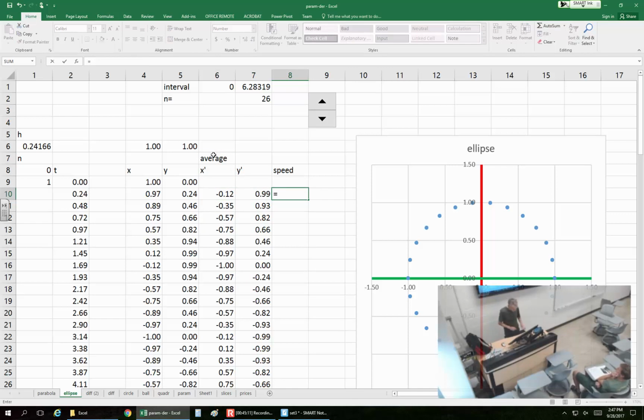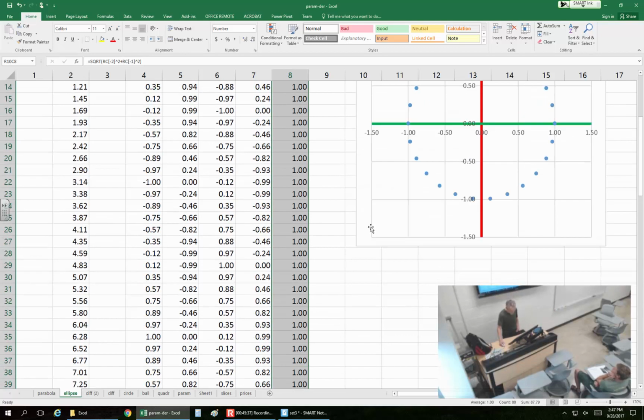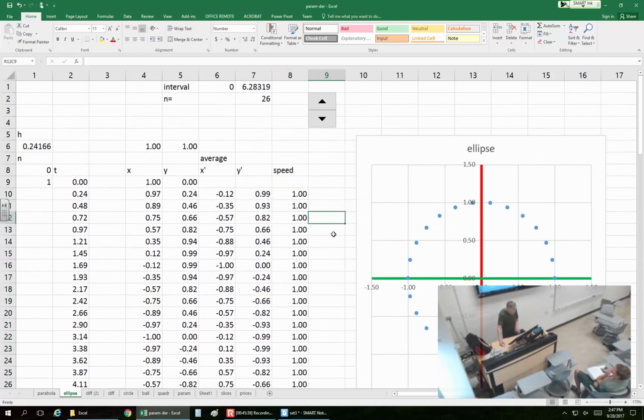Just use the Pythagorean theorem. Right, we have a formula. So square root of the sum of the squares of these. Let's see what happens. What do you know? It's all one. So speed is 1. Even approximate speed is still 1.